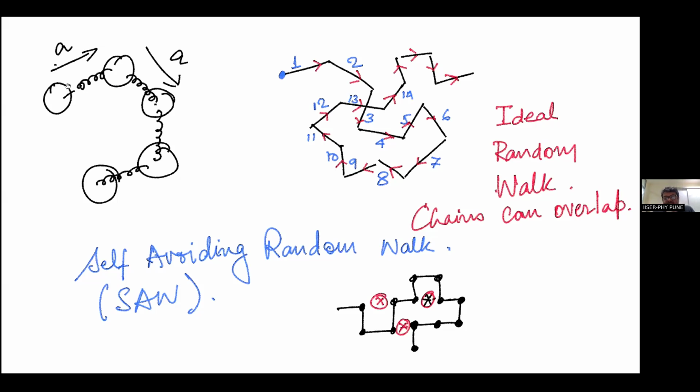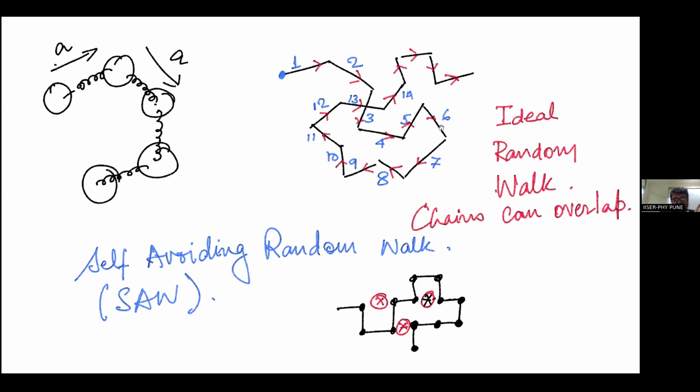But basically, thermal fluctuations will make even rigid polymers forget their original orientation. The physicist is looking at polymers at that length scale, where they are flexible. Each of these bonds is randomly oriented with respect to each other. This bond and this bond, there's no correlation in the direction.